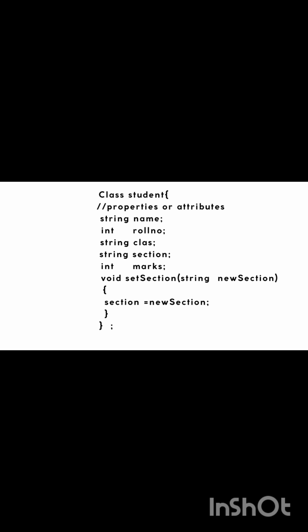As we have seen, the variables name, roll number, etc. in the class student were created as private variables by C++. This is the default. C++ creates all variables as private unless we specify otherwise.